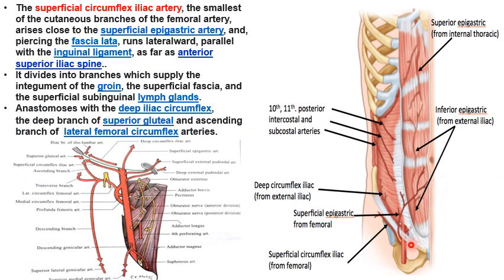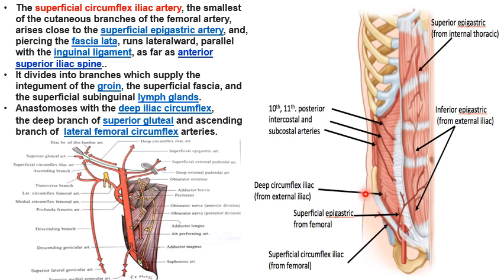Coming to the superficial circumflex iliac artery. This is the superficial circumflex iliac artery. This is the smallest of the superficial branches of the femoral artery, and it arises very close to the superficial epigastric artery, and then it pierces the fascia lata and runs laterally parallel to the inguinal ligament till the anterior superior iliac spine.